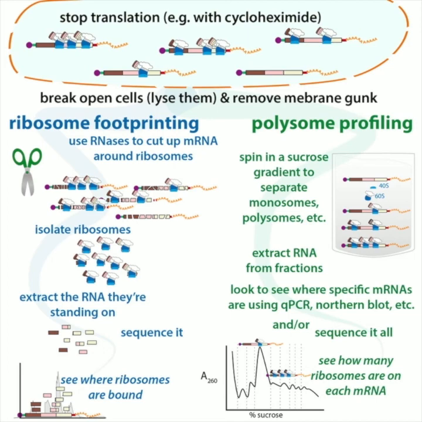I won't go into too much detail, but basically it's looking at where the ribosomes are in the case of ribosome footprinting, and how many ribosomes are on each mRNA in the case of polysome profiling, which is used because mRNAs that are more actively being made typically have lots of ribosomes on them. We call those polysomes. So mRNAs that are being actively made are going to typically be in the polysome fraction versus the monosome fraction, which only have one ribosome on them.